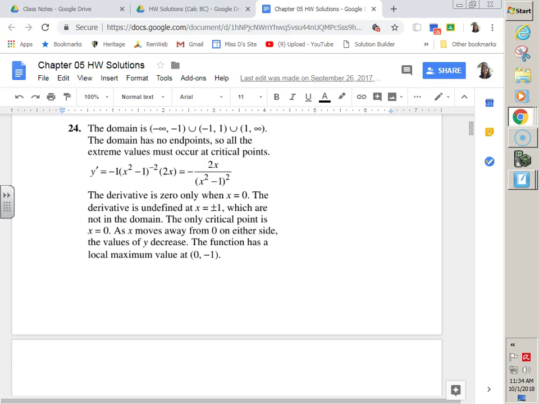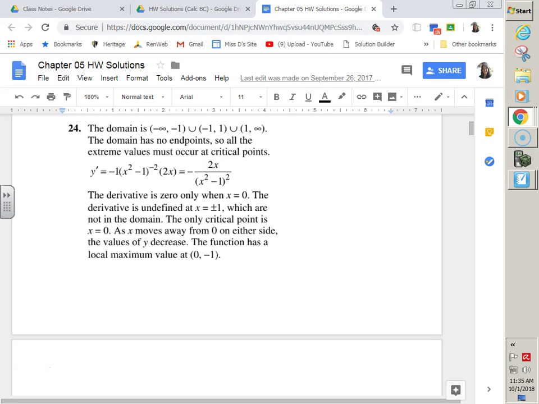It's not in the domain, but do we still put them in our sign chart or in our analysis? Yes, but they can't be maxes and mins because they're vertical asymptotes, aren't they? I put it in a domain and say x can equal plus minus 1 and then critical point at x equals 0, and I put it all in my sign chart. Because a critical point is actually a point on the graph, which vertical asymptotes are not.